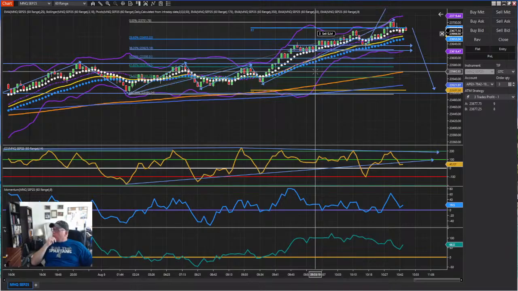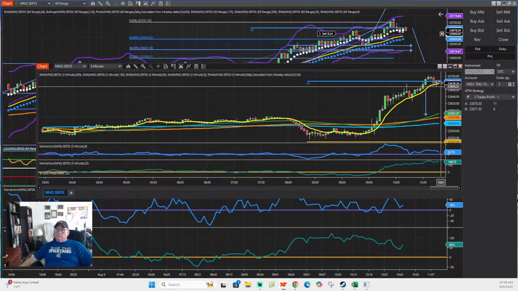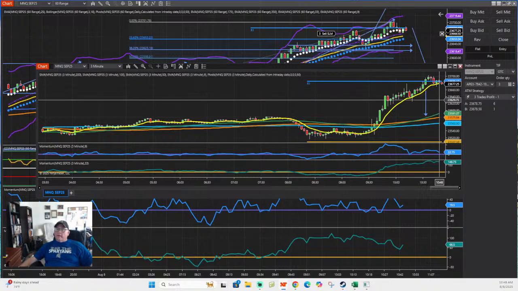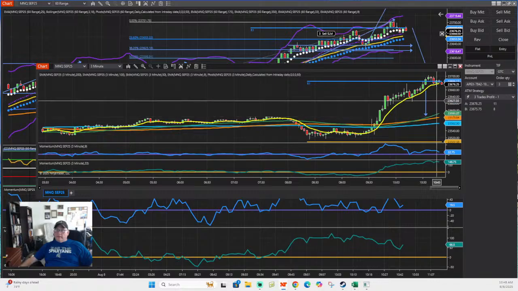So the last 3-minute bar was red. Basically looking for us to get below this line right there and give us a chance, just a chance right now, to come back down into these areas.